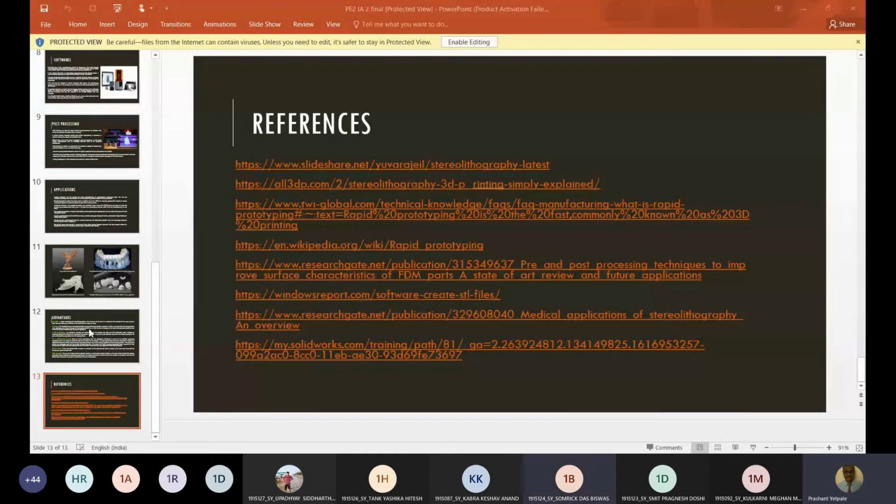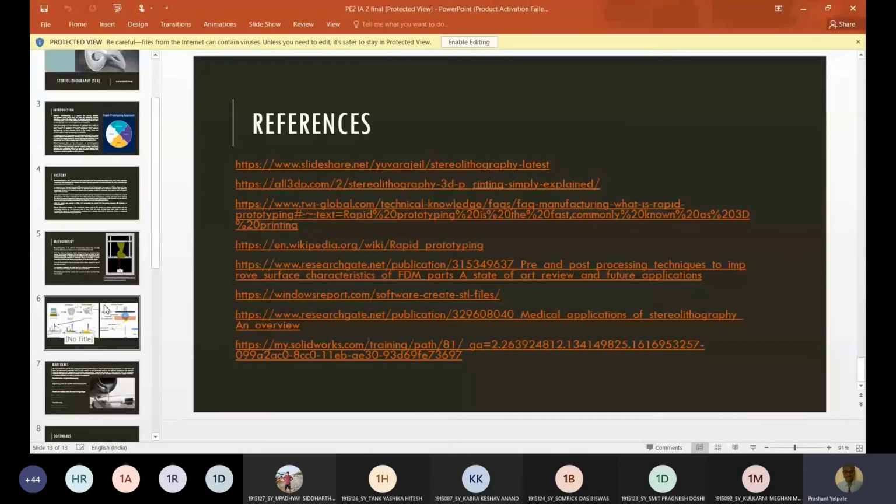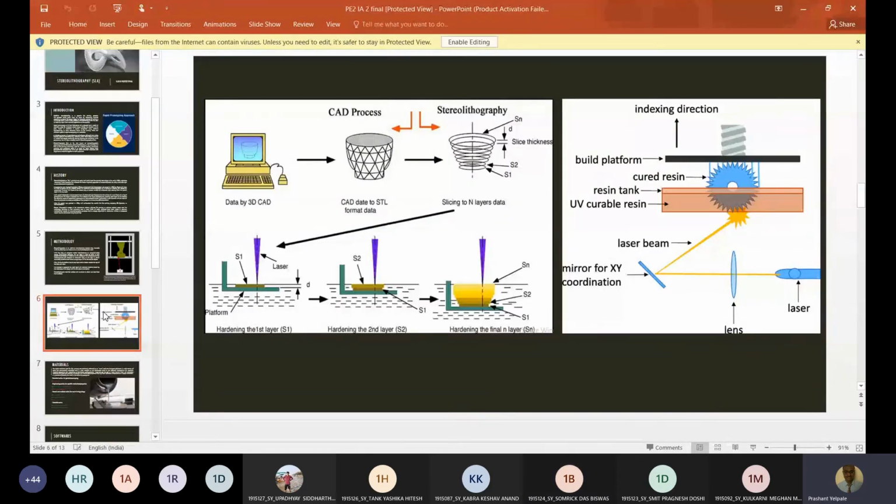That tilting mirror is at the top, and accordingly the laser is moving. The main thing in the machine is how whatever is prepared in the STL format is passed as information to the movement of that mirror.